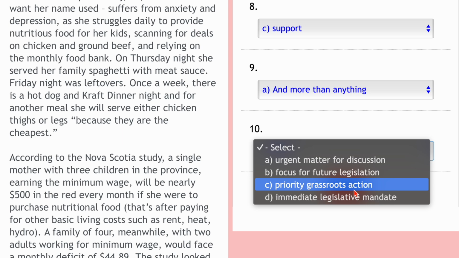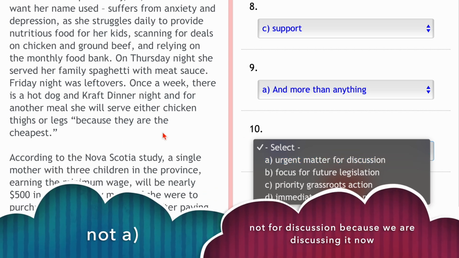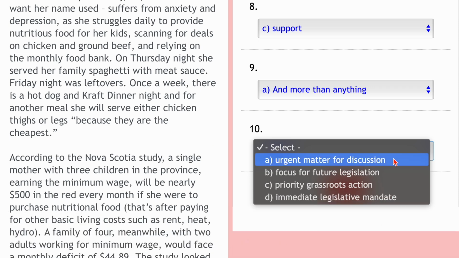Okay, also not urgent matter, yes, but not for discussion because we just discussed it. We discussed it over here. So not discussion. So future legislation, focus for future legislation or immediate legislative mandate.